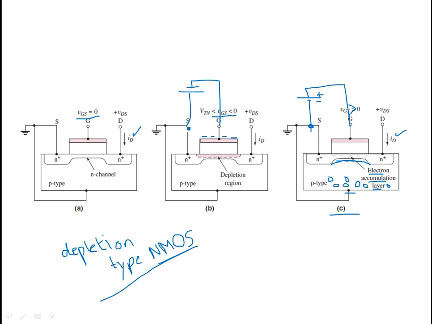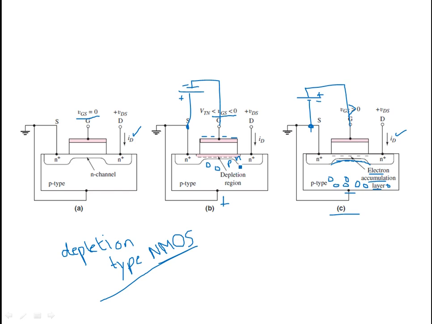So you have negative charge over here, and this positive is repelling the holes. These holes are being repelled by the positive charge of the battery terminal, and they are going to reverse bias this PN junction. So this is a PN junction over here, which is reverse biased.